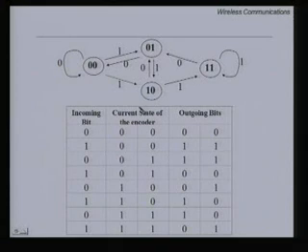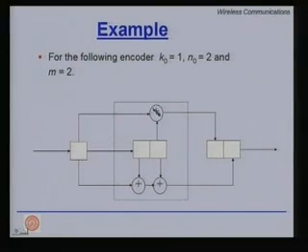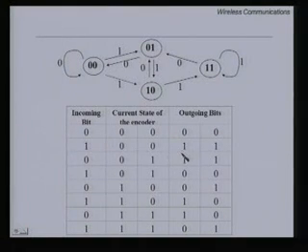Now, here I am depicting the states 0 0, 0 1, 1 1 and 1 0 and the state transition. It is fairly simple to note down the current state, the incoming bits, carry out the logic here, and then go to the next state and the outgoing bits. So, it is easy to construct the table and the state diagram.